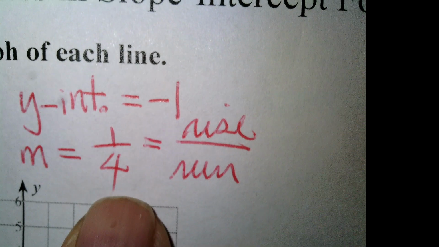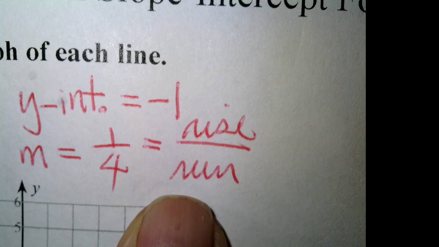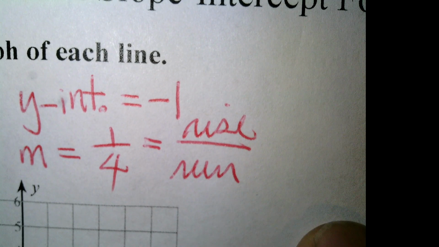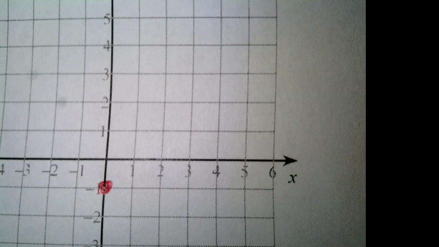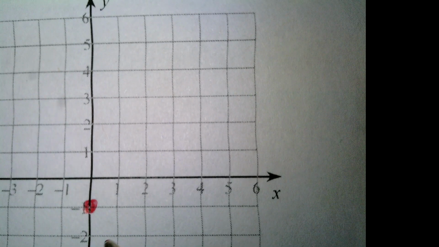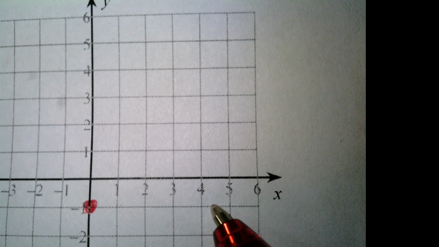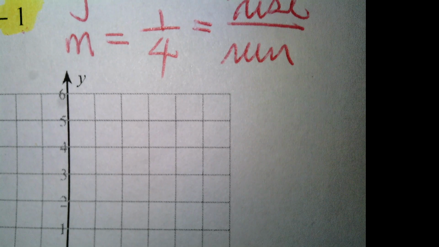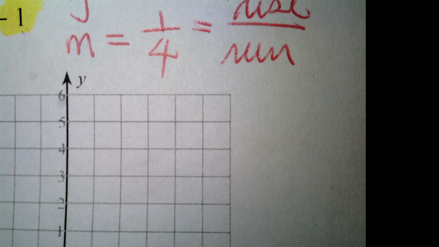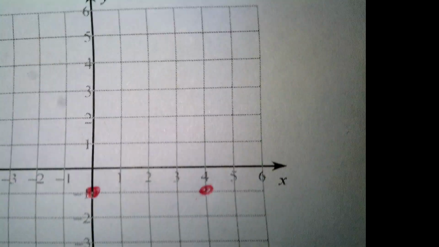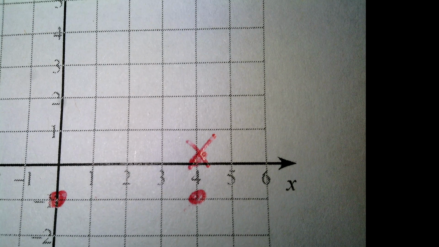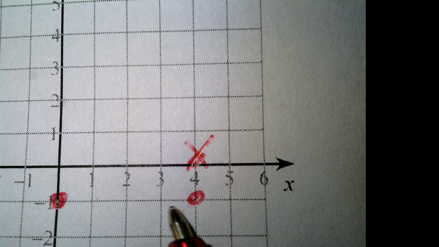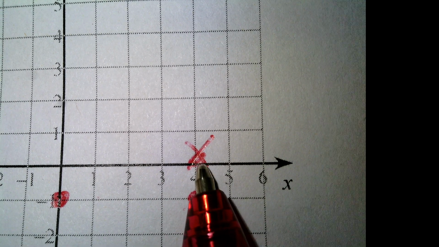Be consistent. The run always draws a line to the right. So from the point, the run is 1, 2, 3, 4, so 4 units. Okay? And then you go up 1. So the run 4, the rise 1.